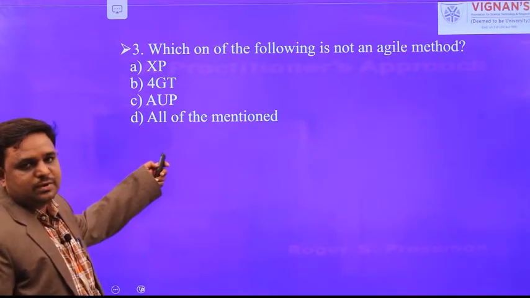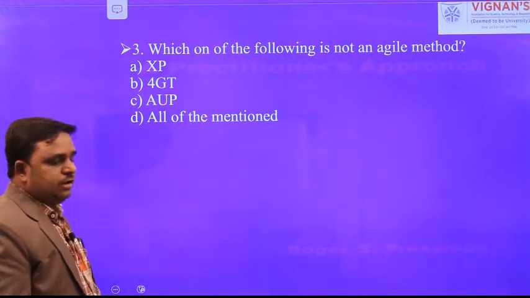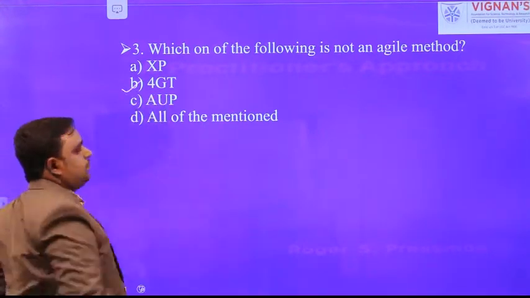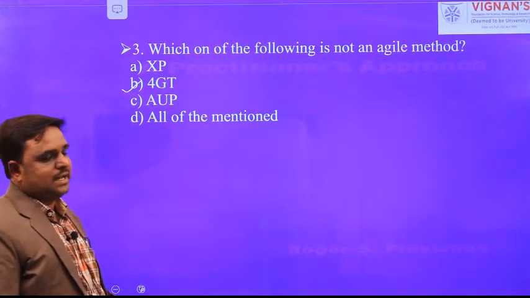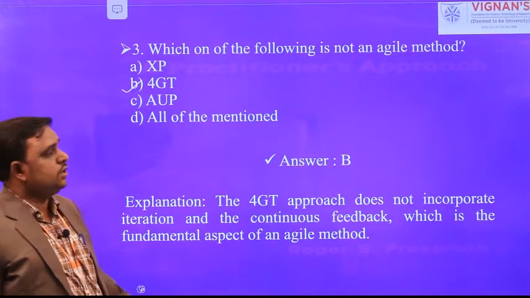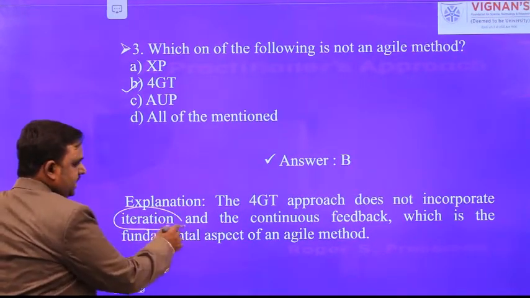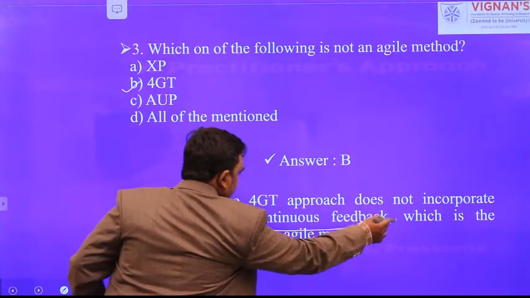We have to answer which one is not an agile methodology. Here 4GT is not an agile methodology. So the answer is B. The 4GT doesn't contain the process of iteration and continuous feedback.